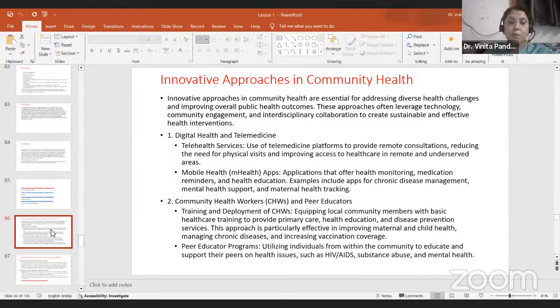Peer educators means the same age group, educating people on substance abuse, which is drug addiction, HIV, AIDS, like how to prevent oneself from HIV, and if someone is infected with the virus, a normal life can still be led with proper medication. And because mental health issues are increasing to a great extent, same age group peers are able to share many things with our peer members.